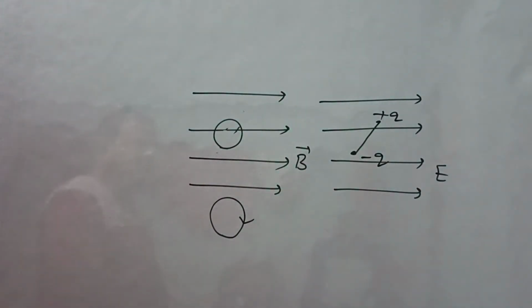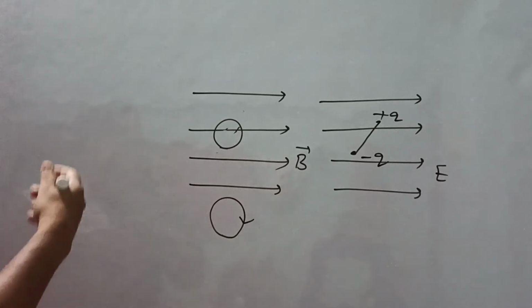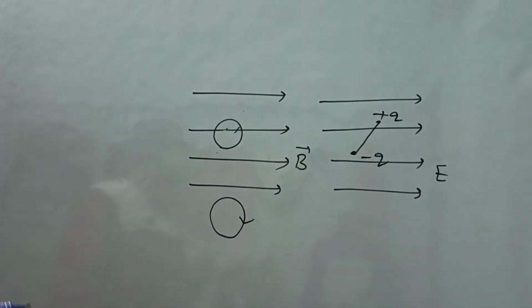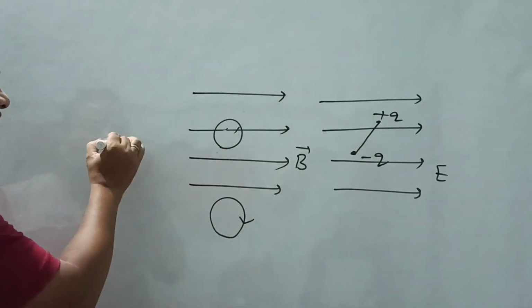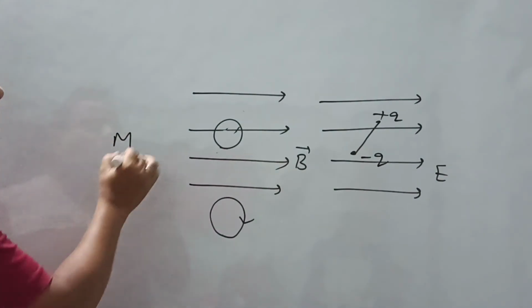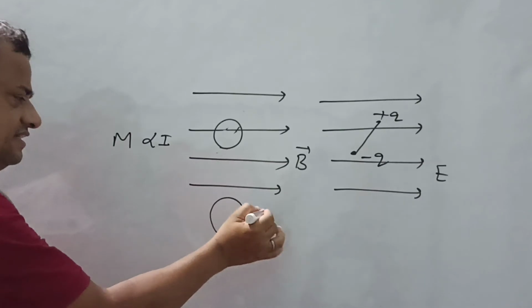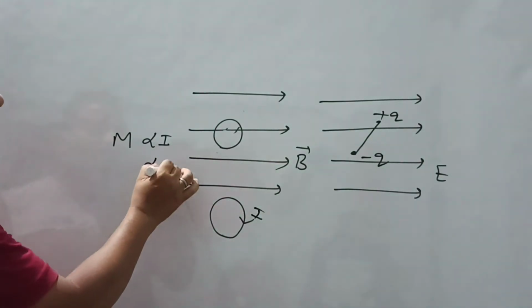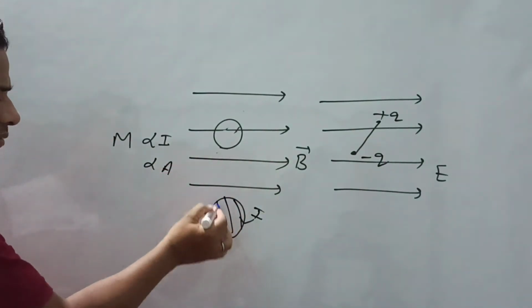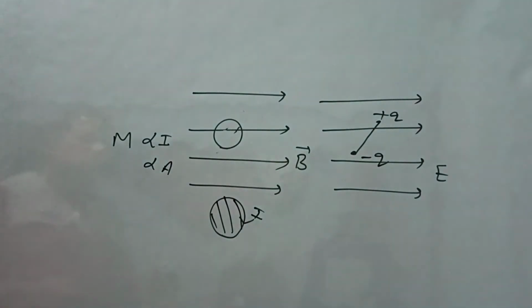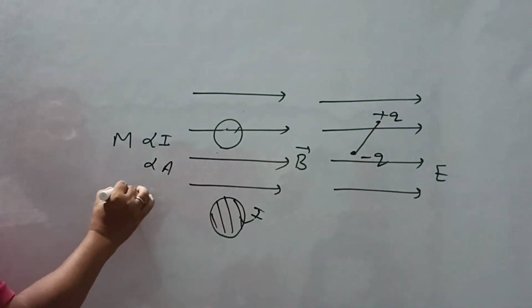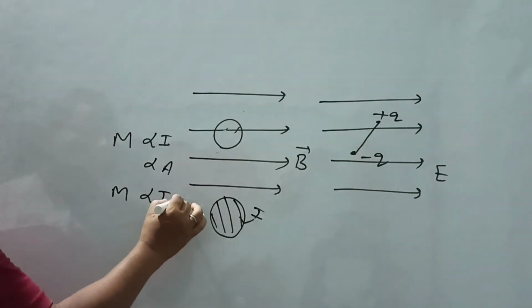Since it is a dipole, it has a dipole moment, and this dipole moment M depends on the current I it carries and on the area A of this loop. If you combine, M is proportional to IA.